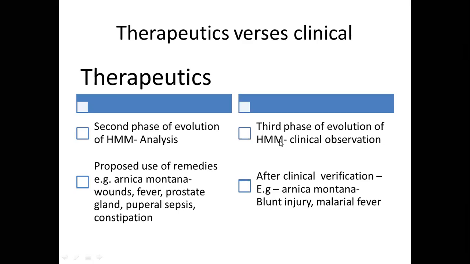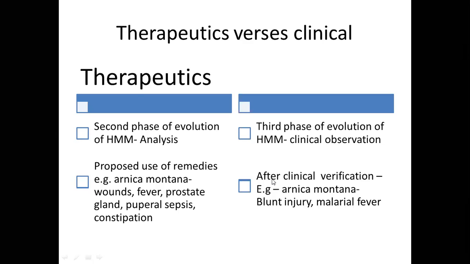The remedy is administered to a patient, and if that remedy relieves that specific symptom or that specific disease condition, then it is said that this remedy is clinically found very useful in the specific disease. Here an example is taken: in therapeutics, Arnica montana is proposed for various kinds of diseases.